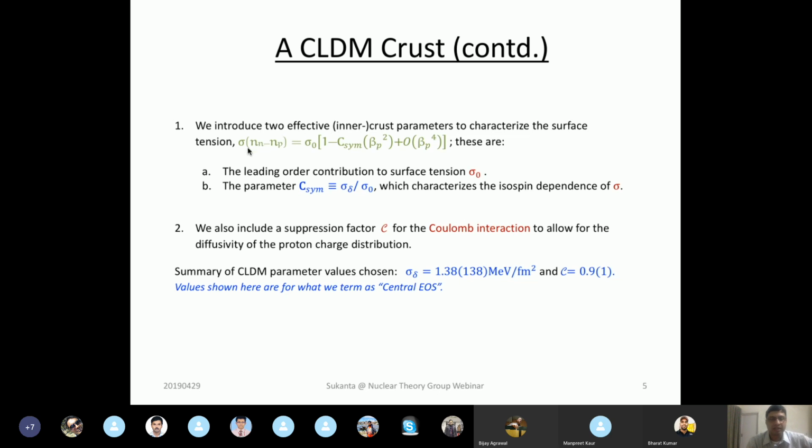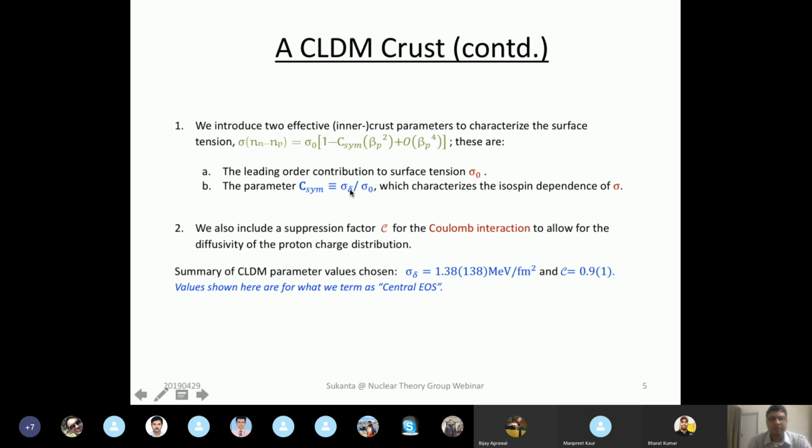But this is the value you will have when you have symmetric nuclear matter, and when you are measuring things at nuclear saturation density. But as you deviate, then you develop correction terms, and we are allowing for such correction terms. So we therefore introduce another parameter, sigma delta, for those deviations.